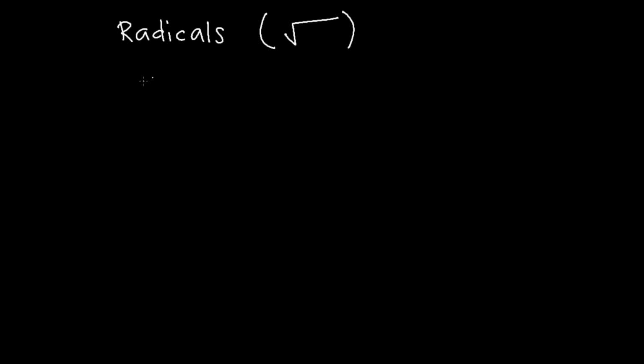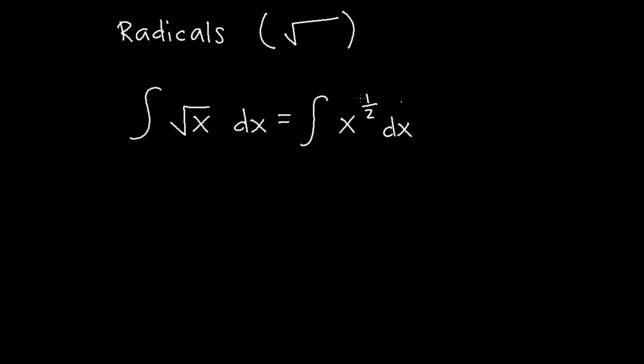Next is, what if you are asked for the antiderivative of the square root of x? To solve it, you need to rewrite the square root of x. The square root of x is just equal to x raised to the power of 1/2. It is similar to before, which is x to the n plus 1 over n plus 1. You still do the same here.